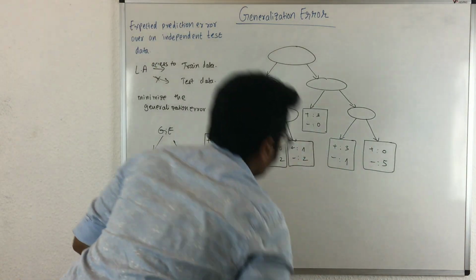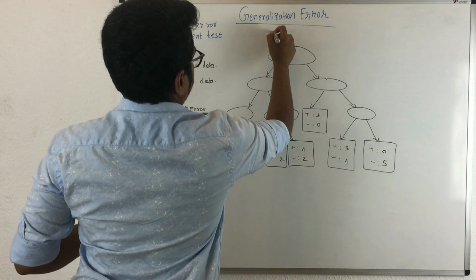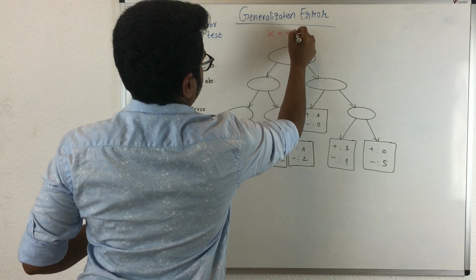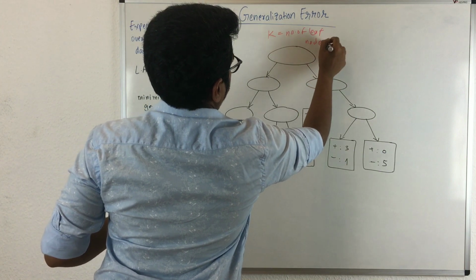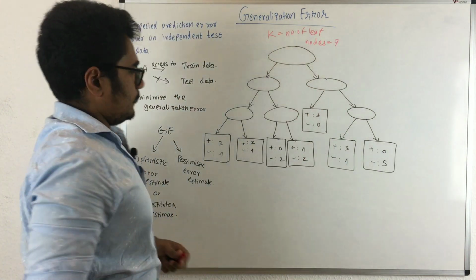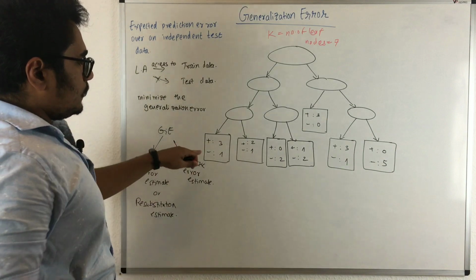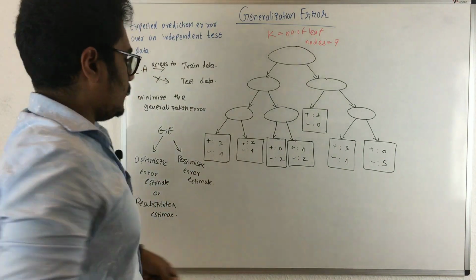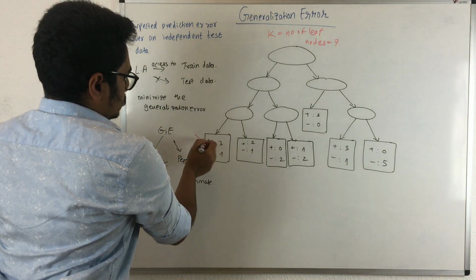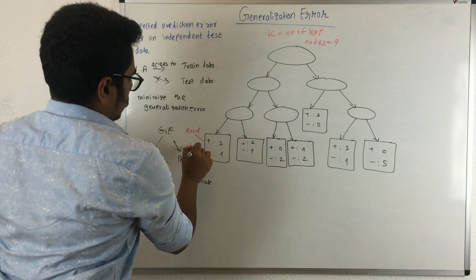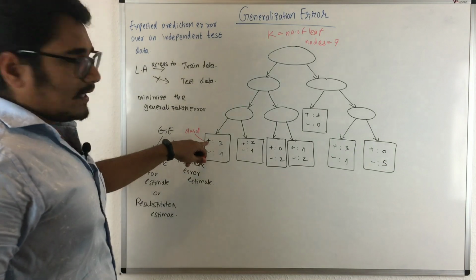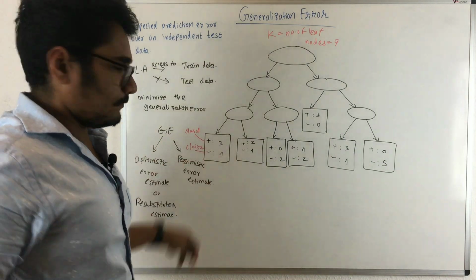Let k be the number of leaf nodes, and in this case it is equal to 7. At each leaf node we have two classes basically, one class positive and one class negative.